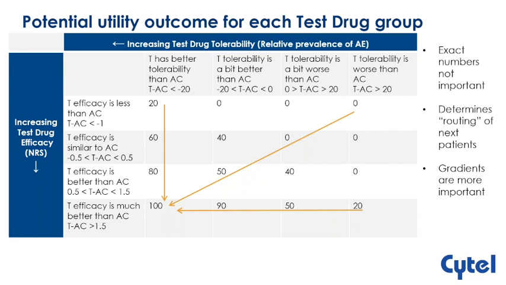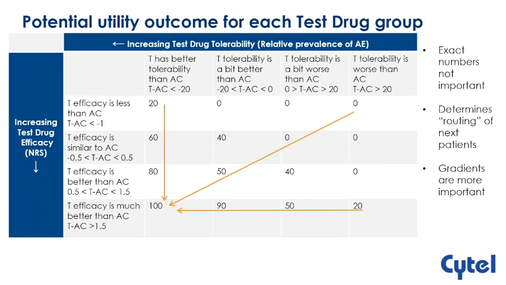T is test treatment, AC is active control, and so the first column there is tolerability better than the active control, namely the difference in adverse experience rate, and the adverse experiences of interest were nausea and vomiting. So if there was a 20 percentage point advantage, that was considered better tolerability than morphine.